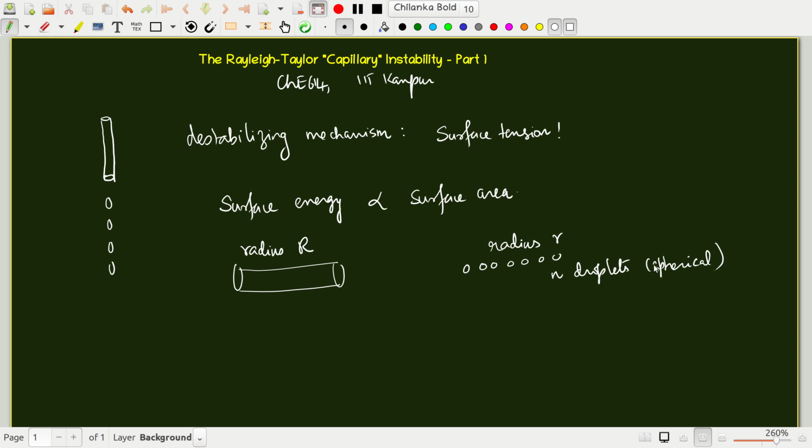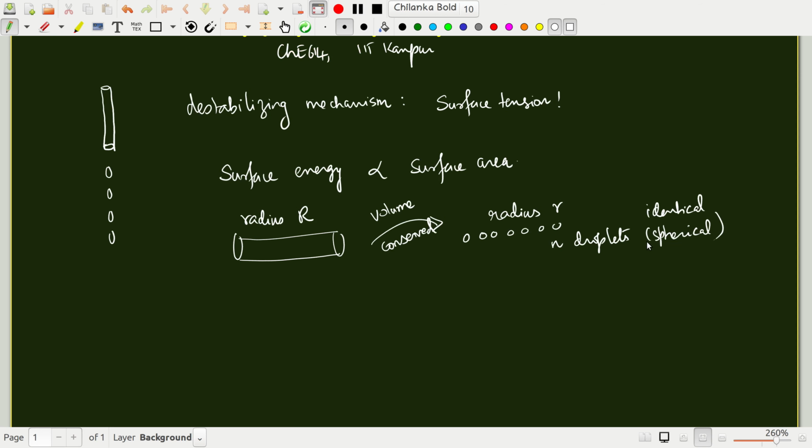Of course, because this cylinder is breaking to give rise to these droplets, volume or mass needs to be conserved. That is, the volume of the original cylindrical jet should be the same as the volume of the n spherical droplets. Let's assume them to be identical in size, of radius r, just for the sake of simplicity in our initial understanding.